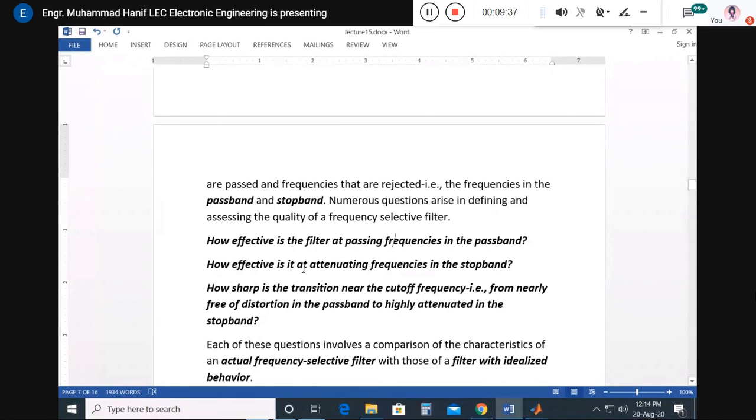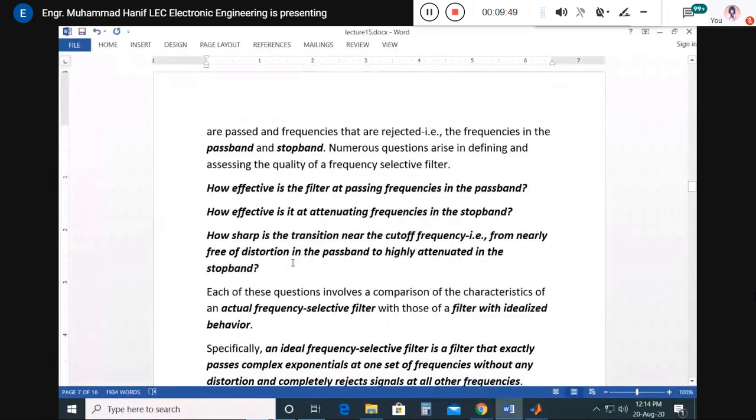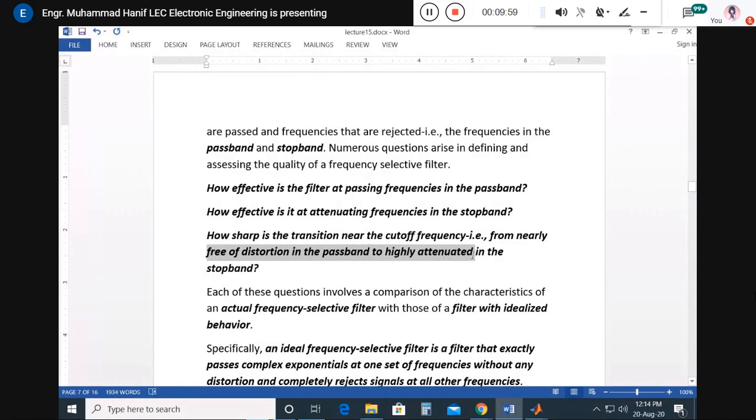Similarly, second says, how effective is it at attenuating frequencies in the stop band? Stop band में जो frequency stop होंगी उनके amplitudes क्या होंगे? And the third term is, how sharp is the transition near the cutoff frequency? That is from nearly free of distortion in the pass band to highly attenuated in the stop band.